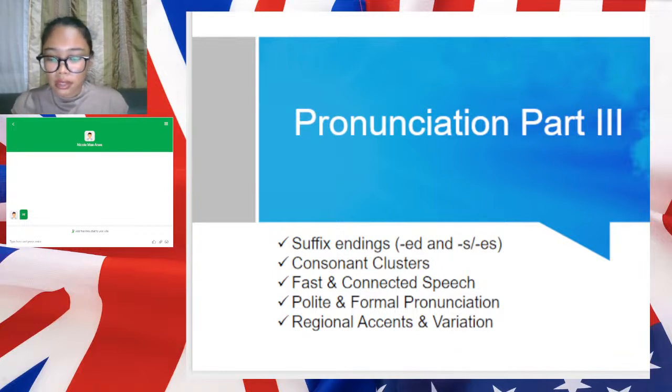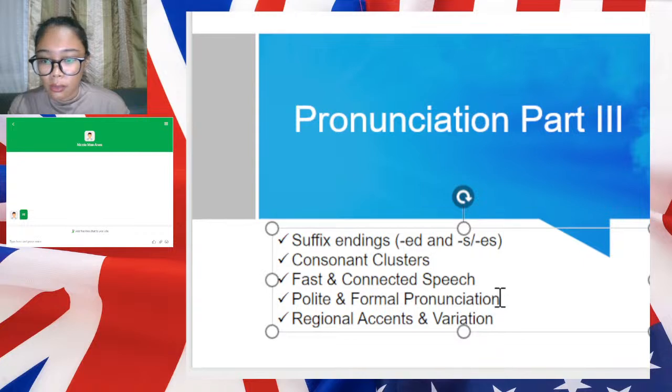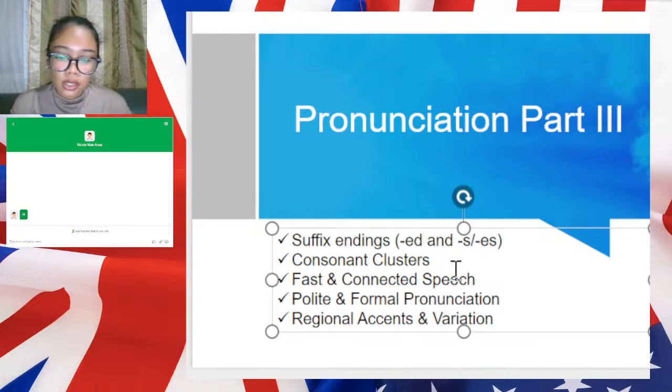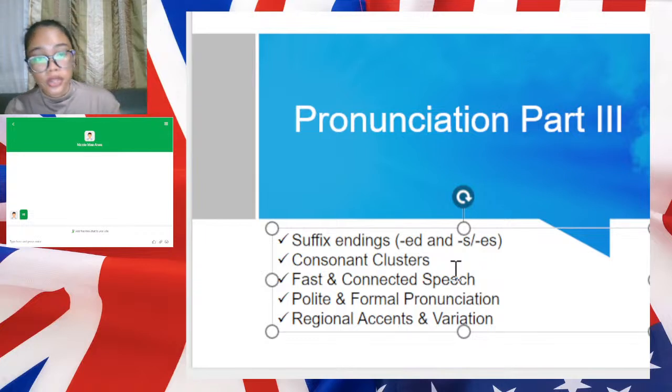We've already talked about suffix endings in the last sessions, consonant clusters too, and fast connected speech. Those three, we talked about once last session. Today, in this session, we've talked about polite and formal pronunciation as well as regional accents and variation. And we will continue polite and formal pronunciation next session. It's just a very quick continuation.